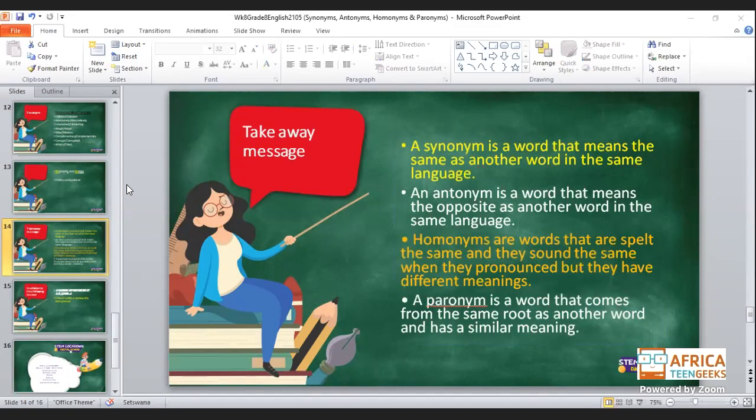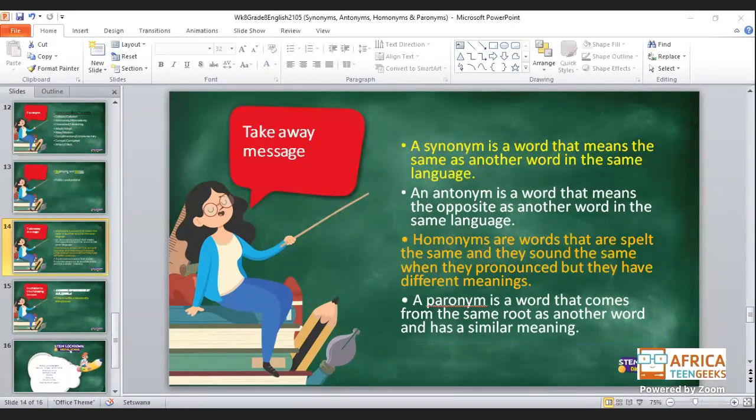We also talked about homonyms, that homonyms are words which are spelled the same and they sound the same when they are pronounced, but they have different meanings. Then we also talked about paronyms. We said that a paronym is a word that comes from the same root as another word and they have a similar meaning. Okay, so that is what today really was all about.